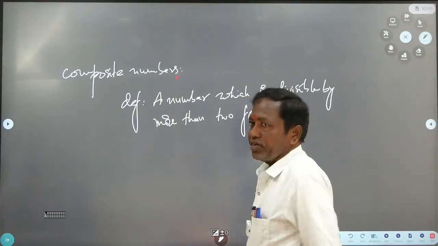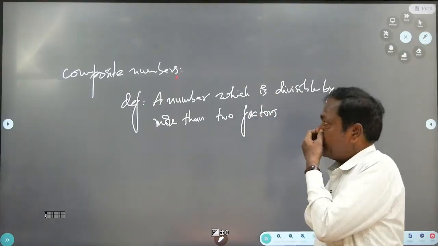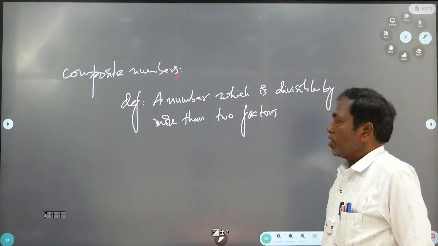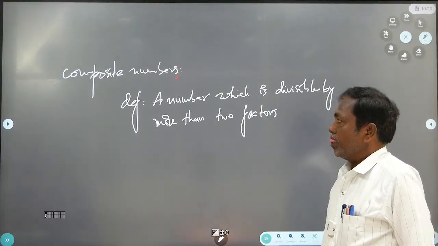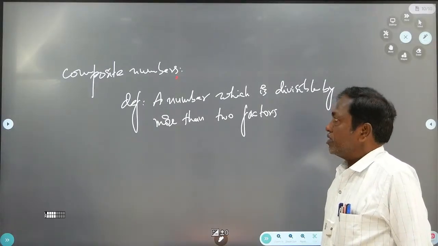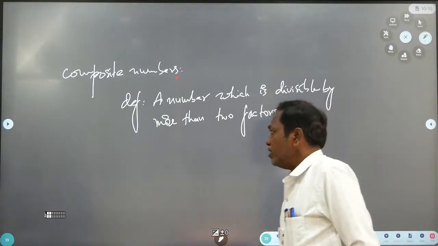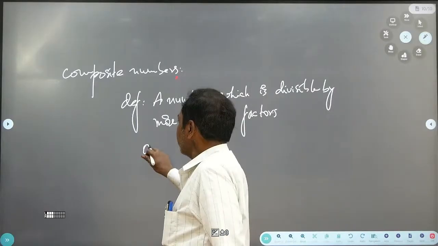That is a simple definition, right? More than 2 factors. Right. Next you can see are non-prime numbers, or you can say non-prime, in simple language.